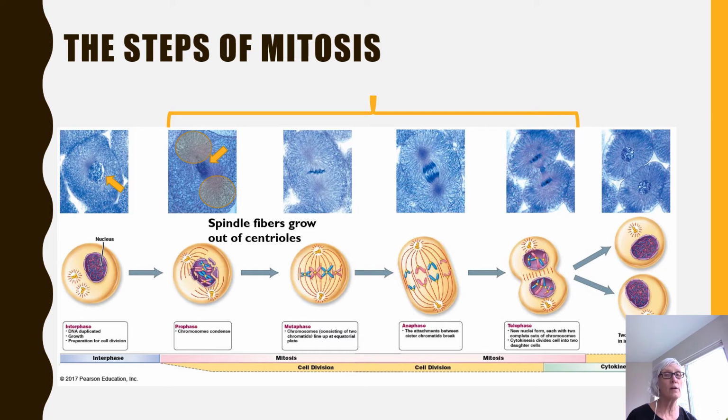These spindle fibers will be important in the distribution of chromosomes into each of the daughter cells. So during prophase of mitosis, DNA will condense, the nuclear membrane will disappear, and spindle fibers will grow.